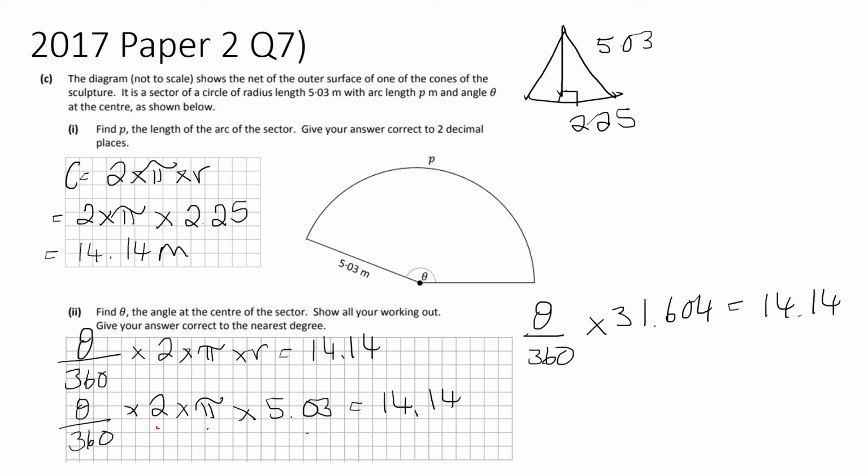So in order to find the angle over 360, I am going to divide 14.14 by 31.604. I get 0.44.